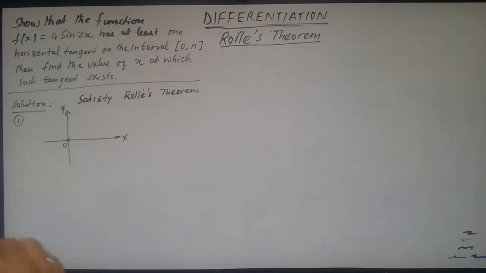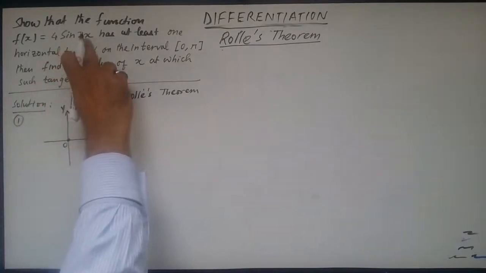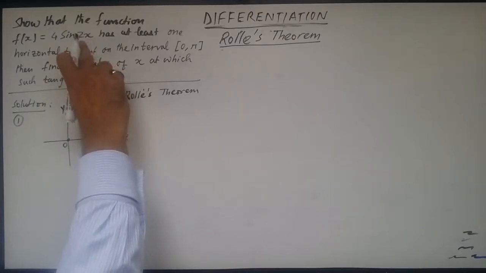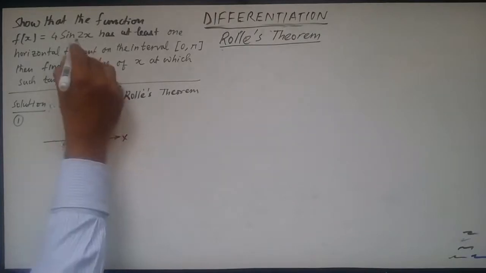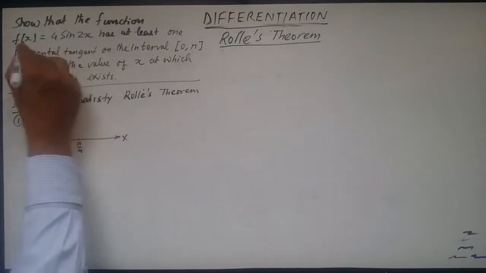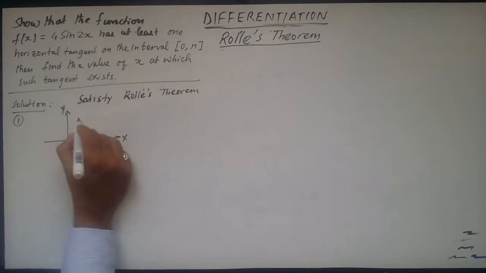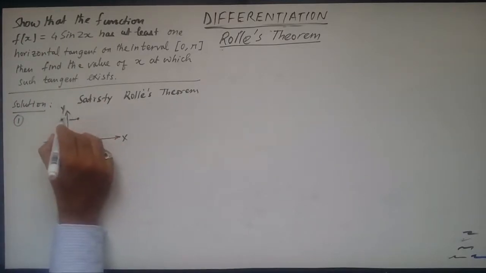When is the value of sine 1? The value of sine is 1 when 2x is equal to 90 degrees or pi by 2. So when 2x is equal to pi by 2, x is equal to pi by 4. So at pi by 4 the value of sine is 1, so the value of this function is 4. It takes a value of 4 at this point.